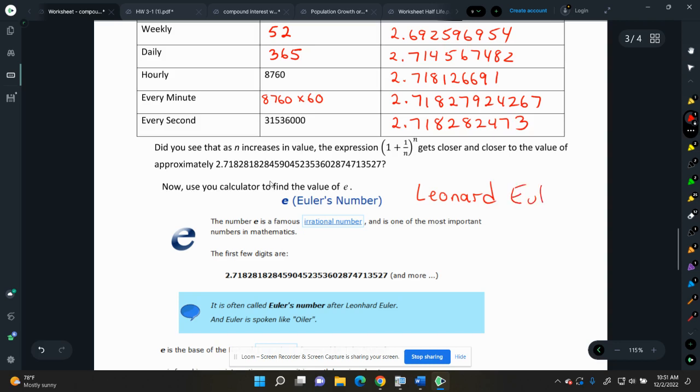Leonhard Euler. Some people pronounce it Euler. He's the one that calculated the value of e.